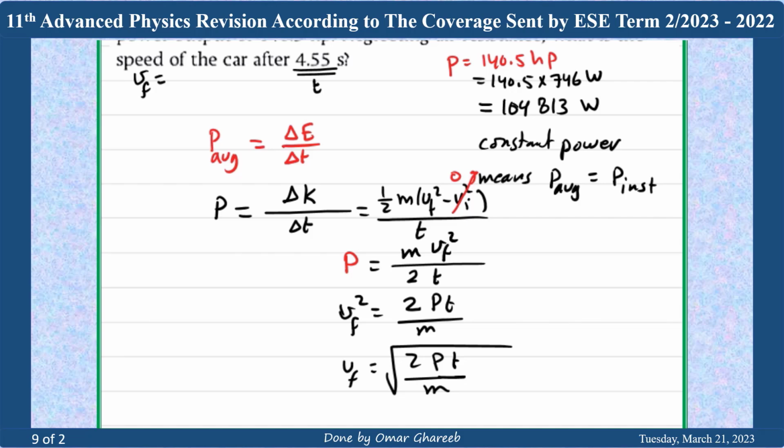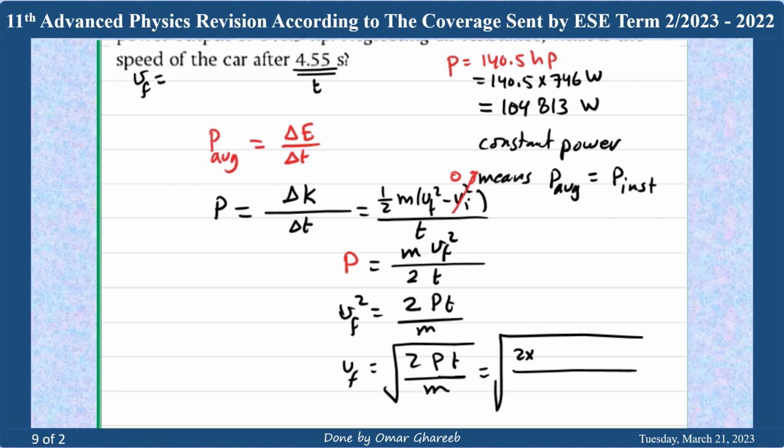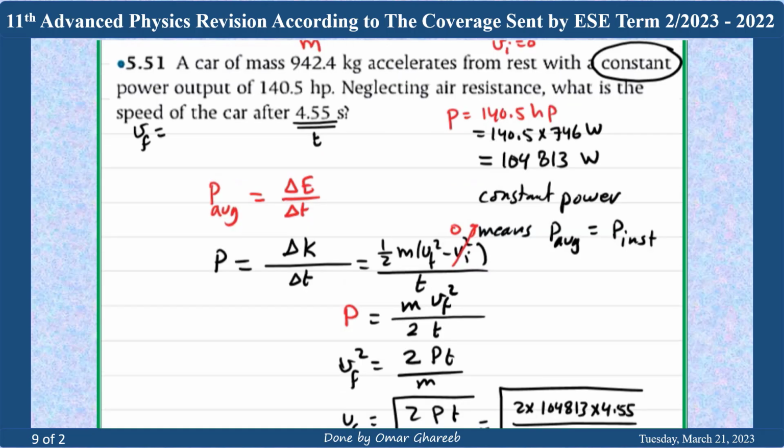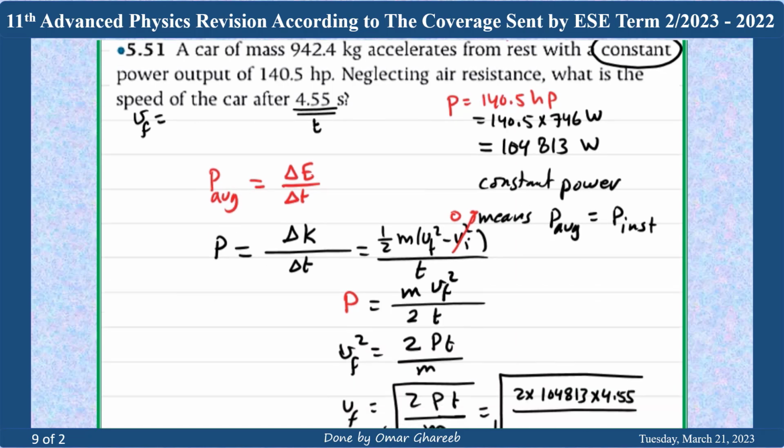Now substitute your numbers. Square root of 2 times the power, which is 104,813, the time is 4.55, and the mass, I forgot the mass, 942.4.